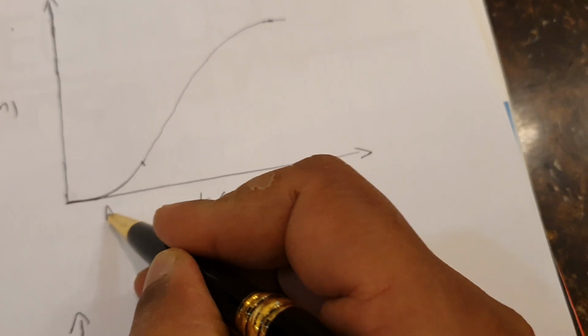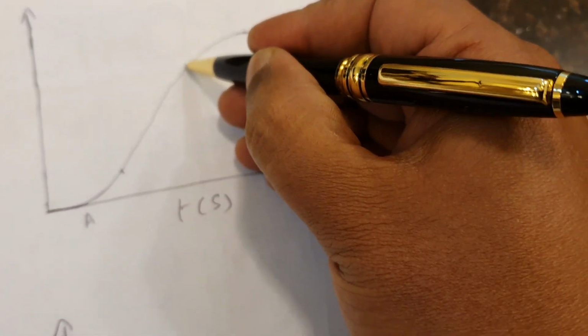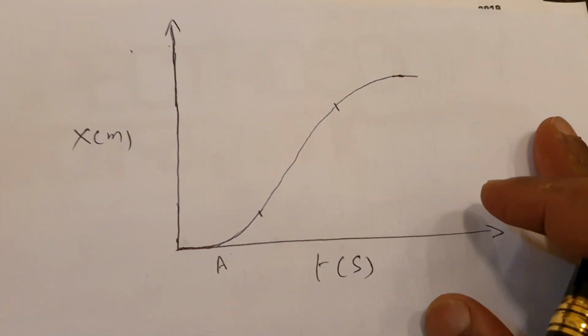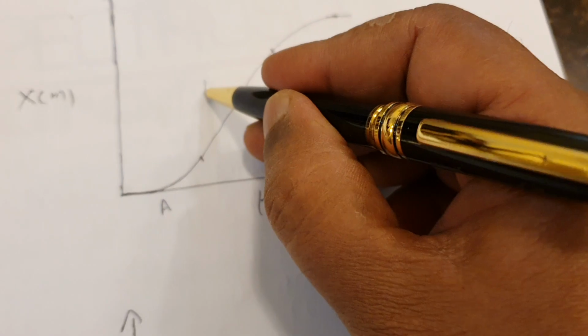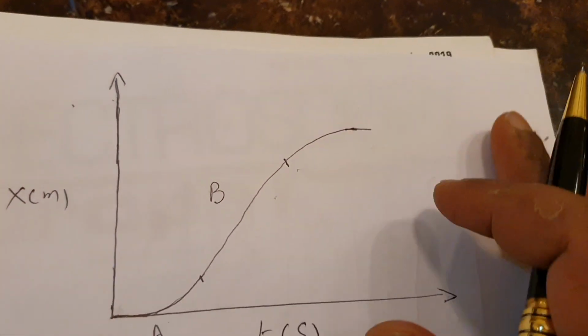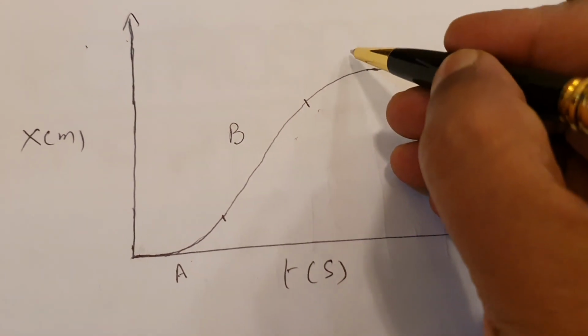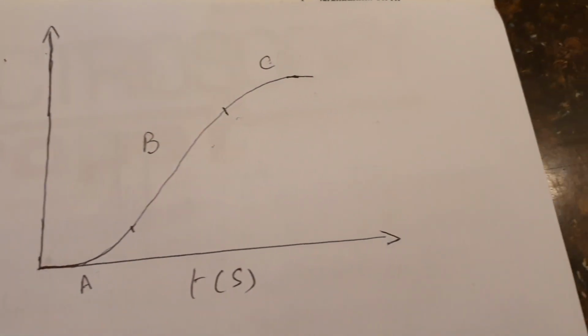Then from here to, let's say, suppose here, this is B part, and then we will have this part, we will call it C part.